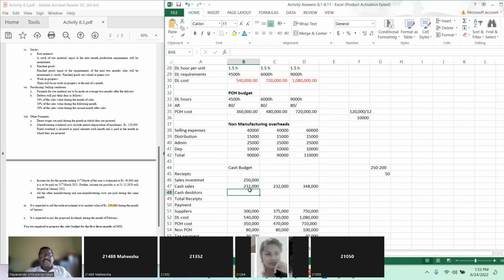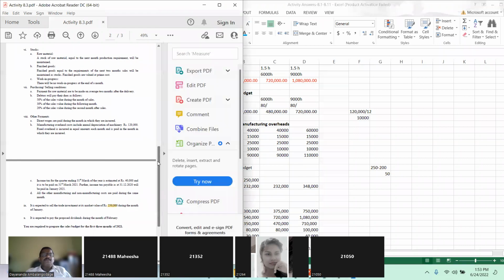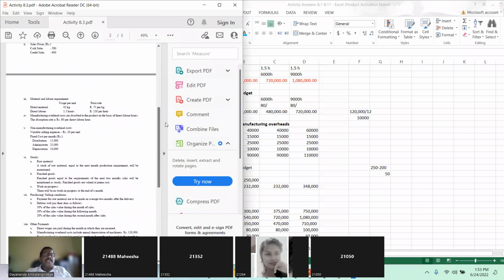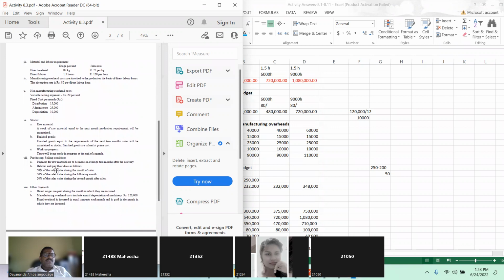Then the debtors, which you need to understand very clearly. So we'll go to the debtors policy. 50% sales during the month, 30% sales during the following month, 20% sales during the second month. That you have to understand.